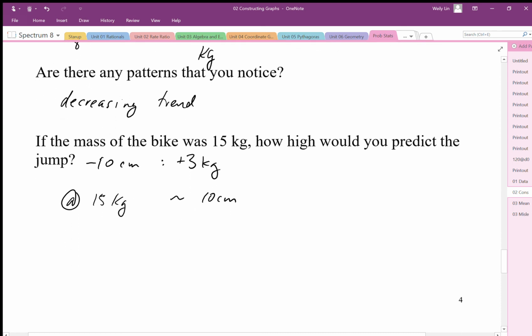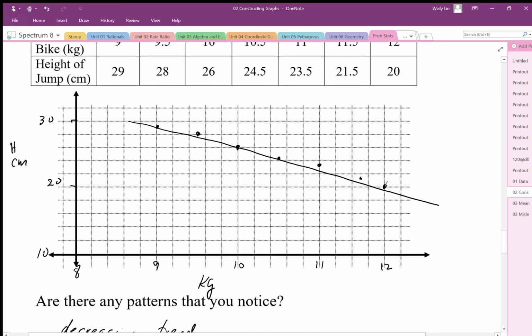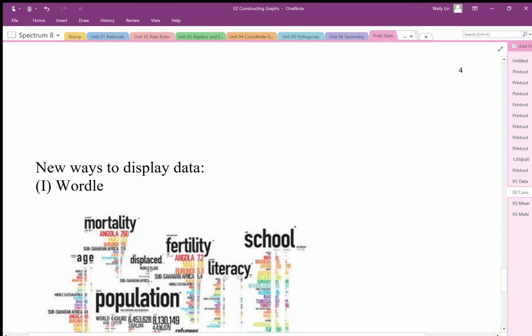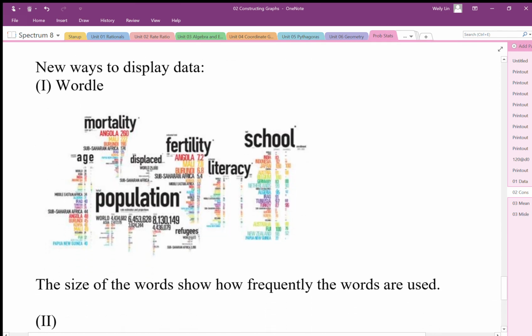So these are the different types of graphs we can do. There are many, many more, because we can display data in lots and lots of different ways now, especially with all the technology that we have. One way, some of you may have seen, is something called Wordle, where as words get input into a document, it will take the most popular words and make them bigger.